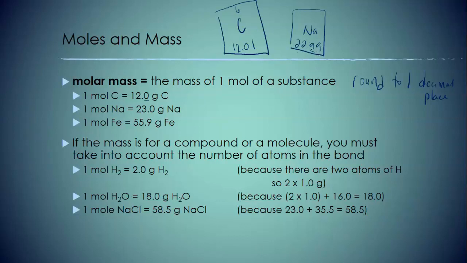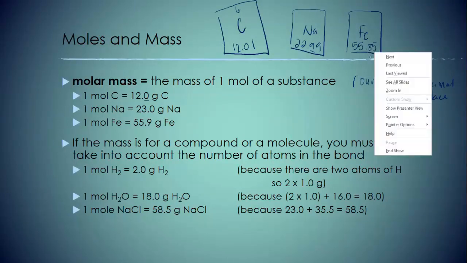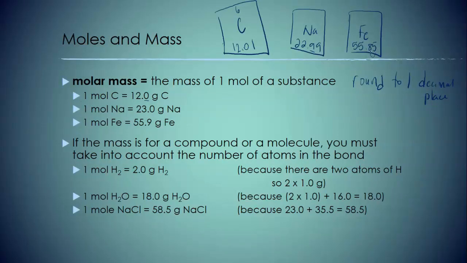The 9 would round that one up, which would round that one up, so that's 23.0 grams for 1 mole of sodium atoms. For iron, it's the same deal. For Fe, the periodic table says 55.85, and that's going to round up to 55.9. So we get 1 mole of iron is 55.9 grams.